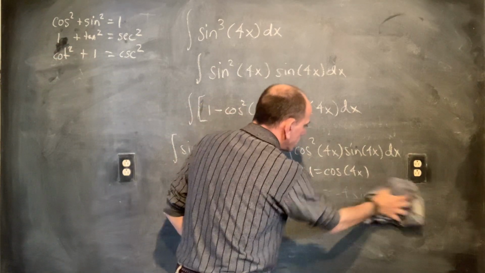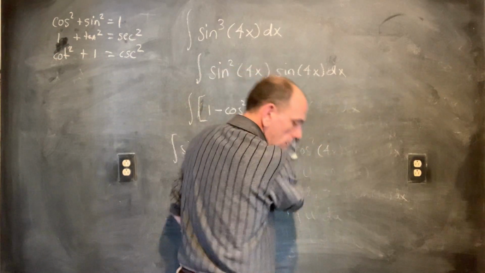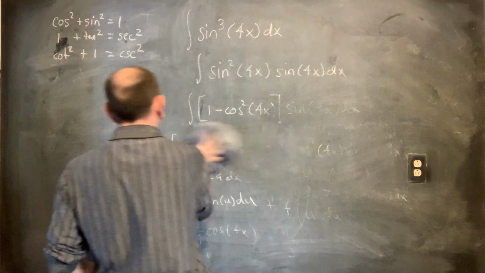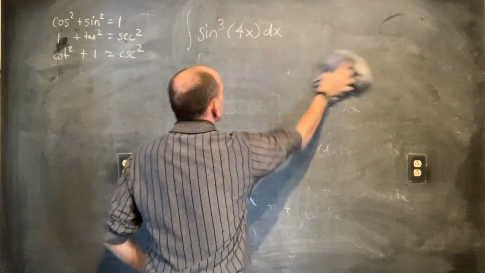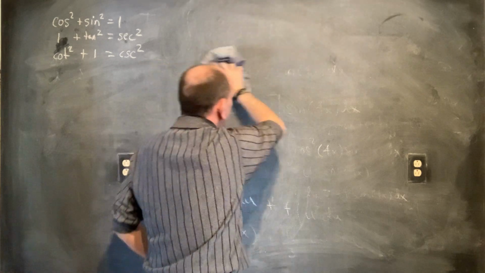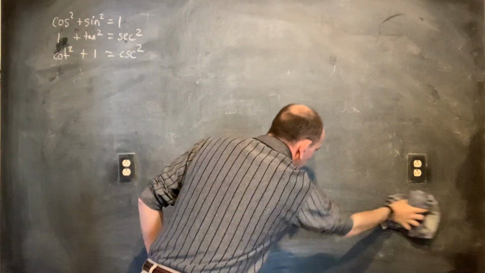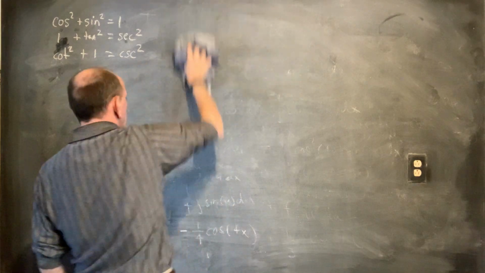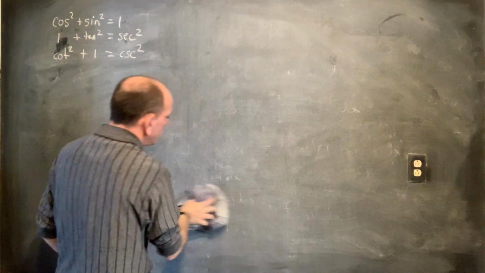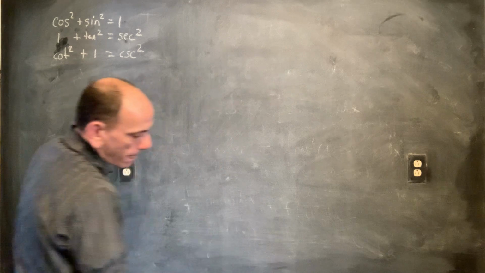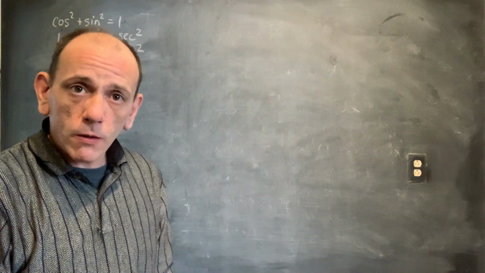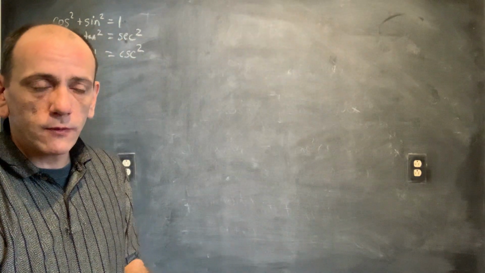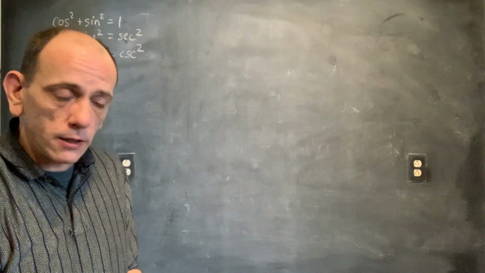Let's see. We've done odd powers of secant tangent business. We did a combo of odd power of cosine and sine. We did even power, use a power reduction, even power of sine.